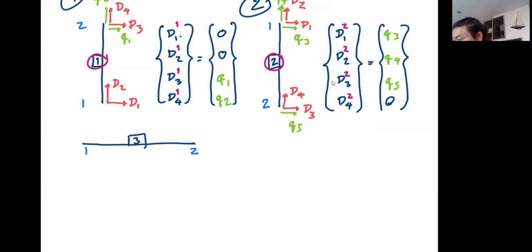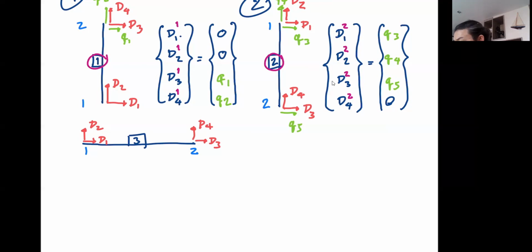So that means this becomes D1, D2, D3, and then D4. Basically, our member number 3 is just in the air, right? It doesn't connect to any support at all. So we must have all the displacements.